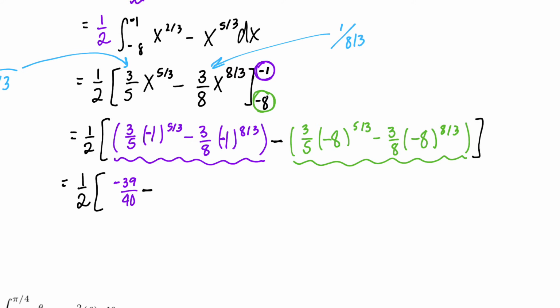And this number becomes -576/5. So simplifying the -39/40 minus a negative, so plus 576/5.